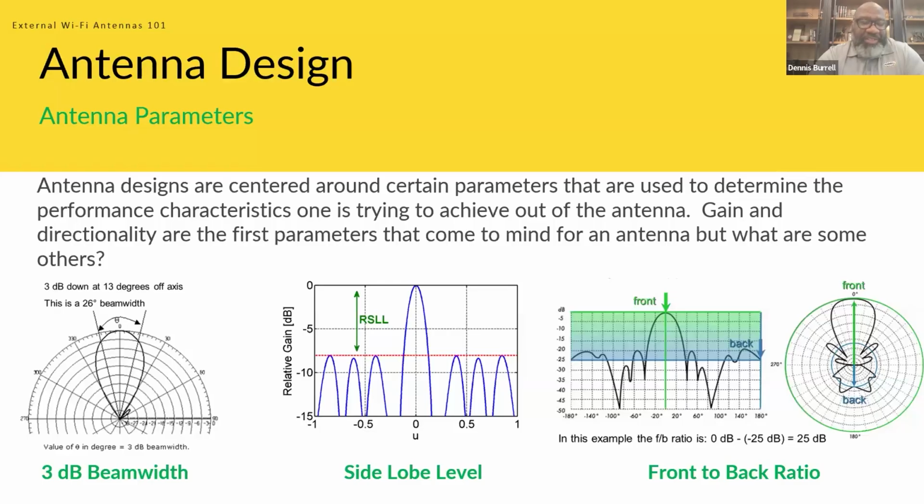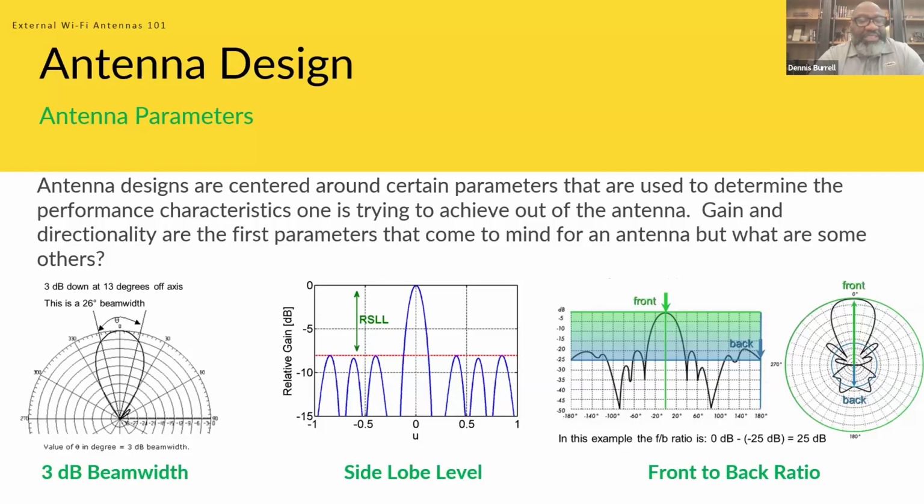So the theoretical beam width is stated as 3 dB down from the peak of the gain of the antenna when you're showing a pattern of the antenna. So in this case, 3 dB down is 13 degrees off of axis. So you do 3 dB on each side, and that comes out to 26 degrees as far as the beam width.